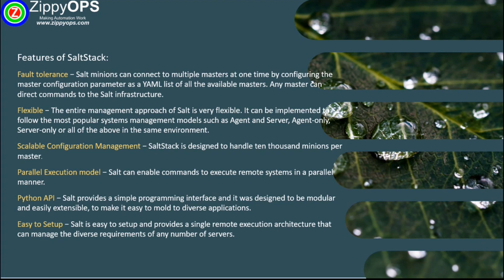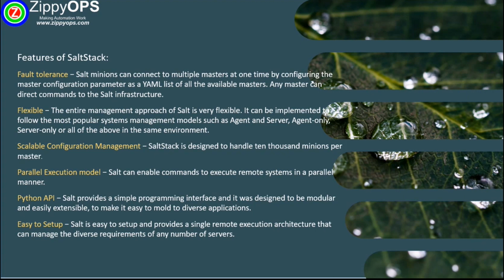Next, Salt supports execution of the Salt state in a parallel configuration. Let's say you have a state execution which takes 1 or 2 hours. If you want to speed up, you can execute the state in parallel so that you can achieve things faster. Then Salt provides an API.